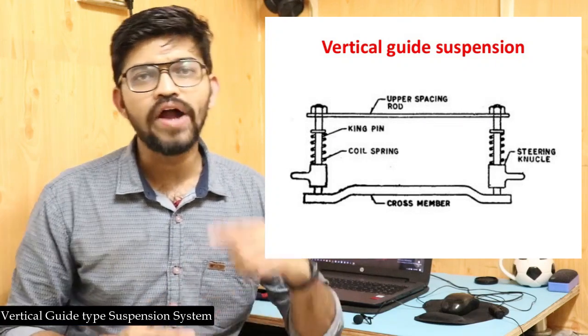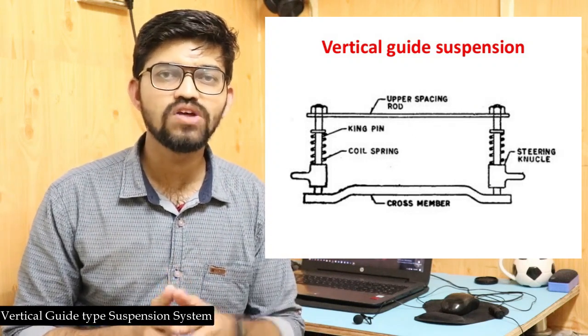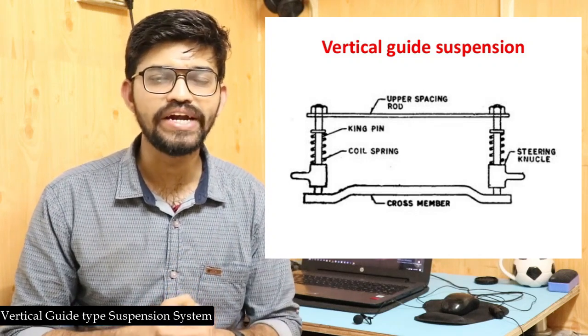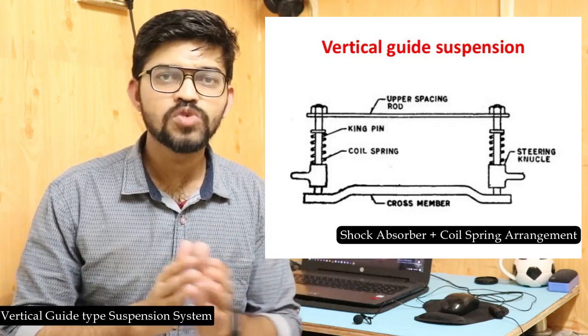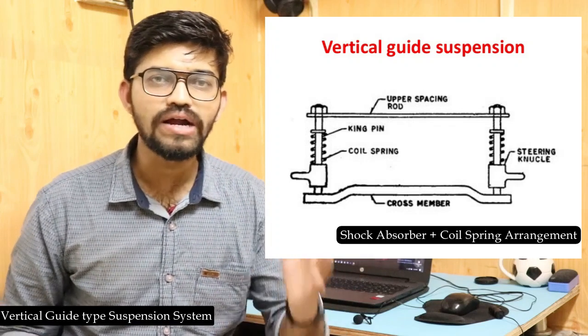On the steering knuckle, the arrangement of the shock absorber and the coil spring is provided, and on the coil spring the upper spacing rod is kept. So that is the overall construction.